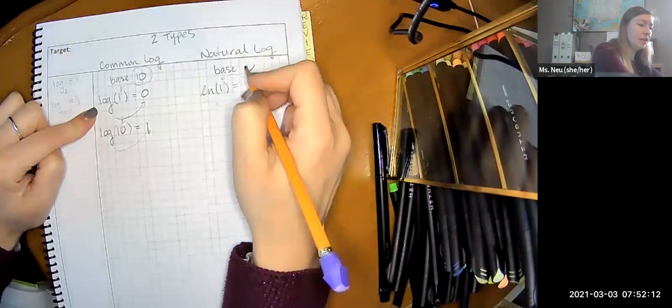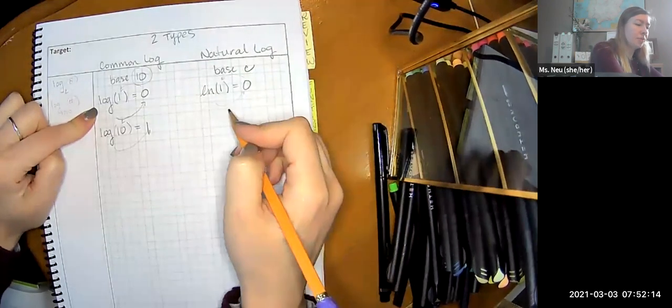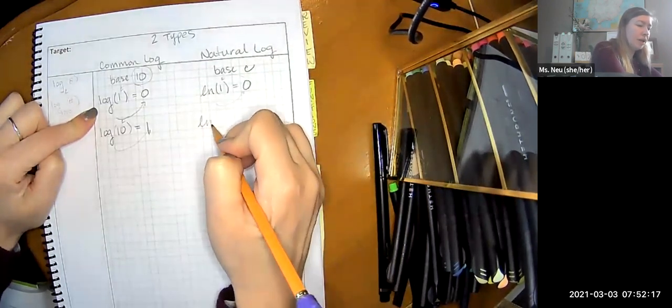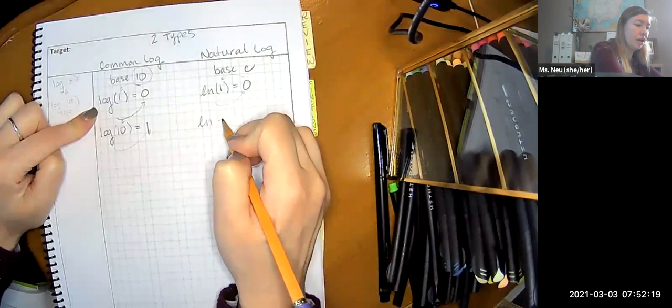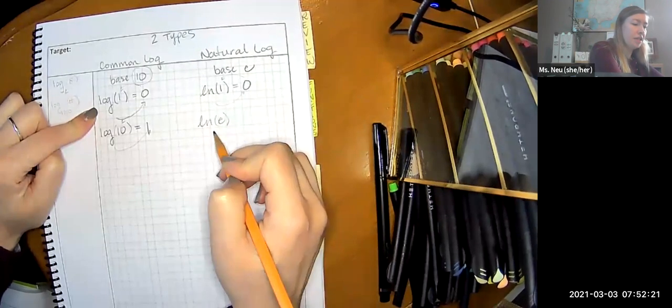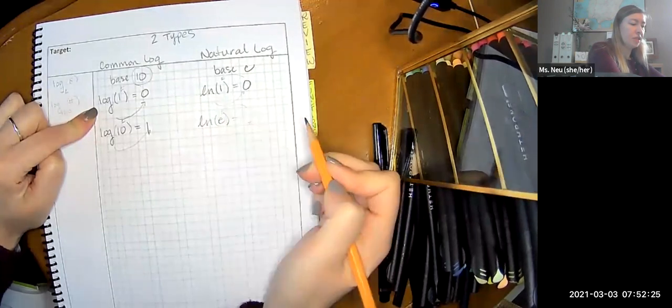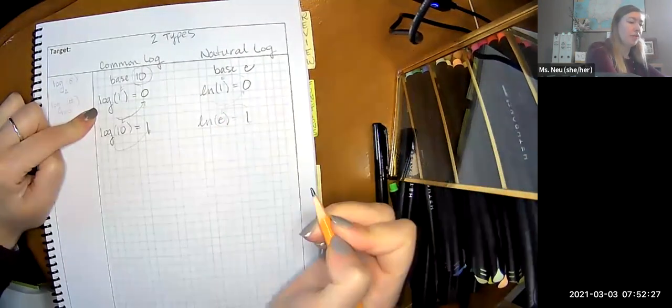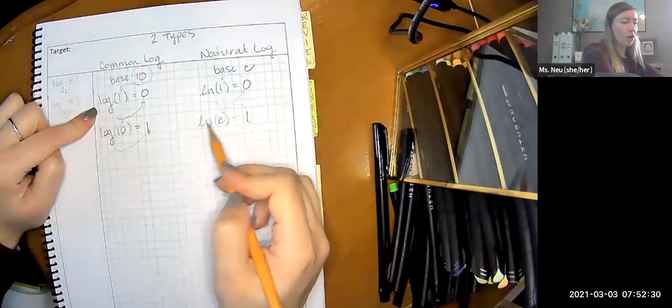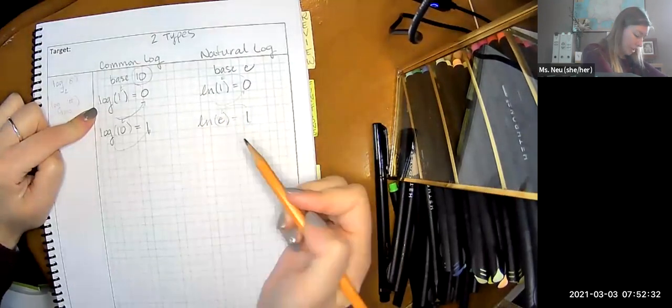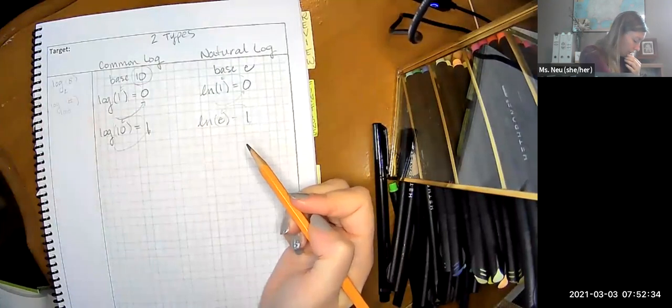And anything to the power of 0 gets me back to 1. And how about the natural log of e, right? So e to the power of what gets me back to just e? Well, anything to the power of 1. We'll work a little bit more with these. E just happens to come up quite a bit while we're evaluating this stuff.